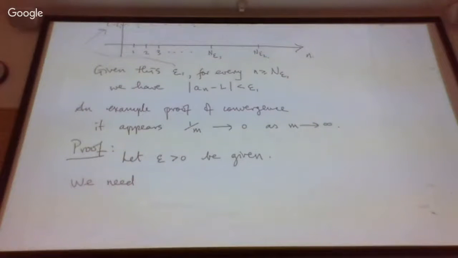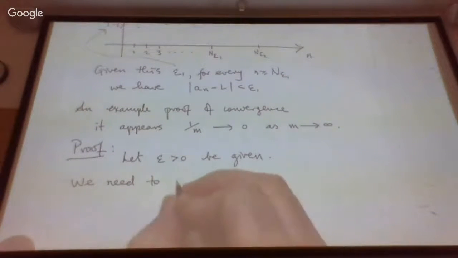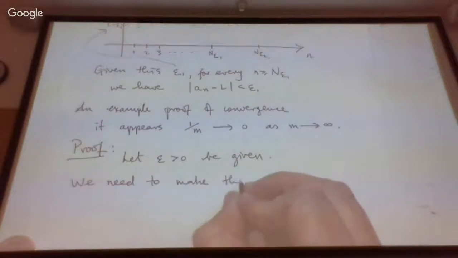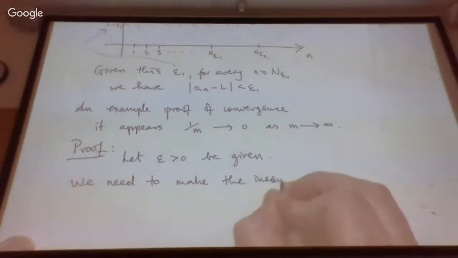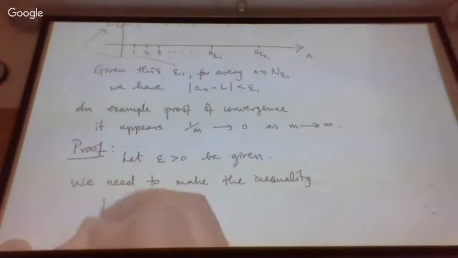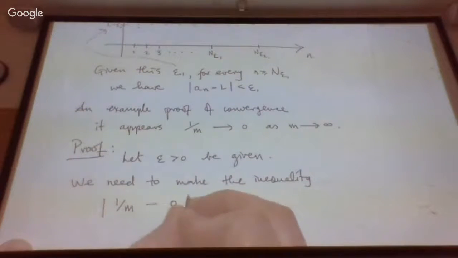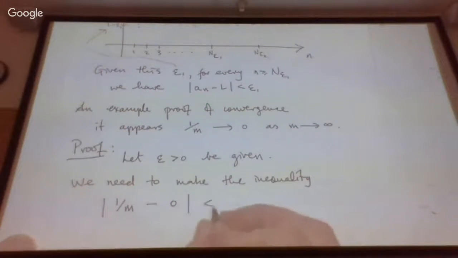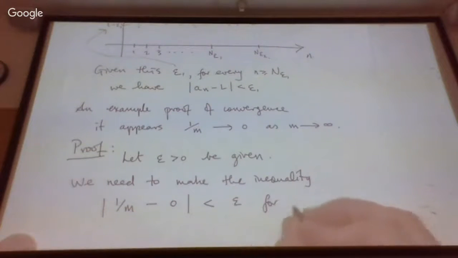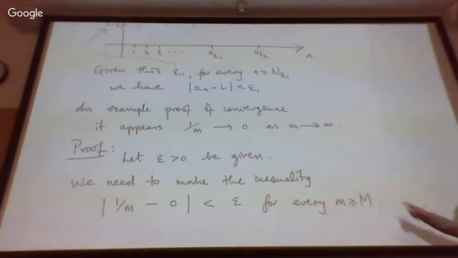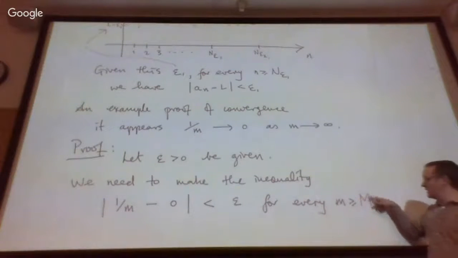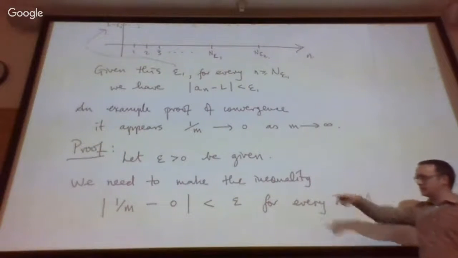We need to make the inequality, so it's the absolute value of the sequence element minus the limit less than epsilon for every value of the index greater than or equal to some point. I'm going to use capital M rather than capital N to mirror the letter being used for the index.